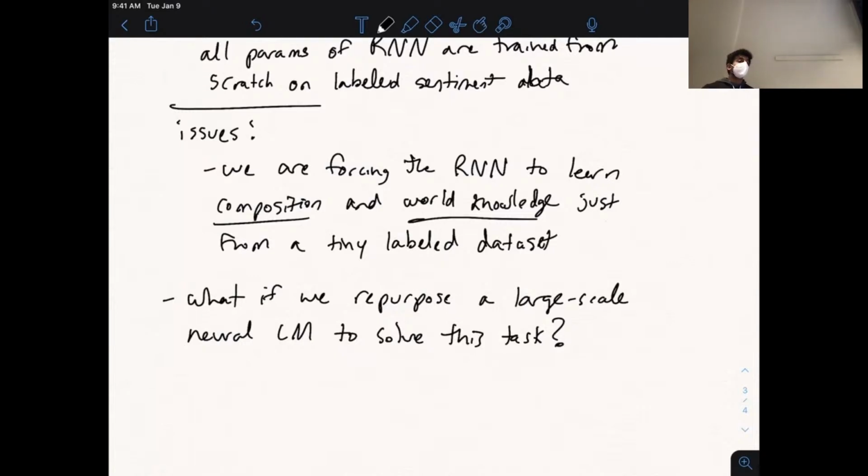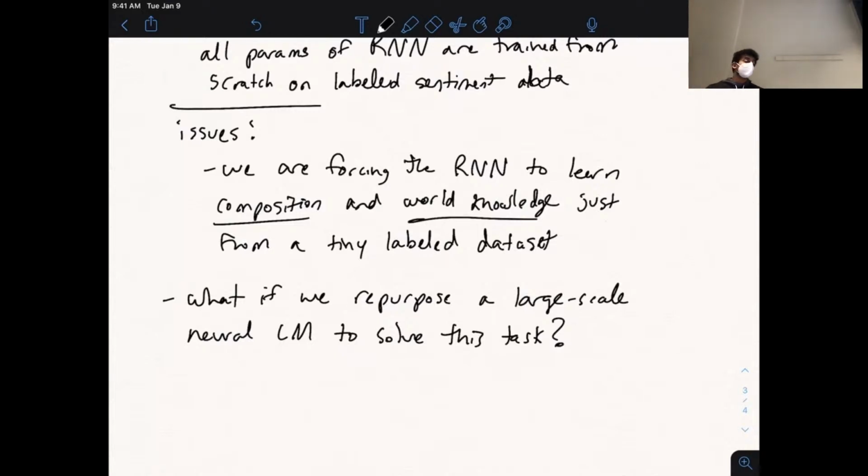If you have a language model, you have data for free, right? As we've discussed, you can train it on arbitrarily large data sets in many different domains and styles and so on. The model can learn a lot, as we saw, from just this simple objective of predicting the next word.